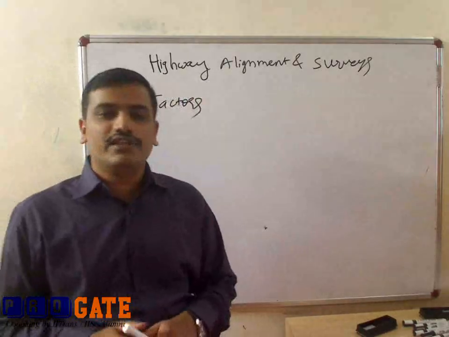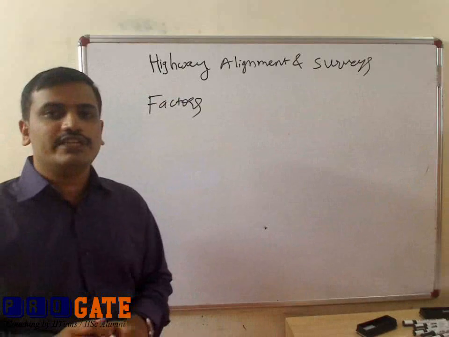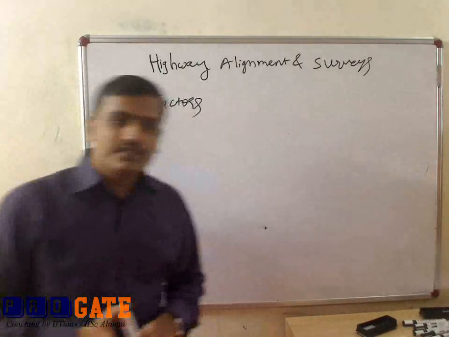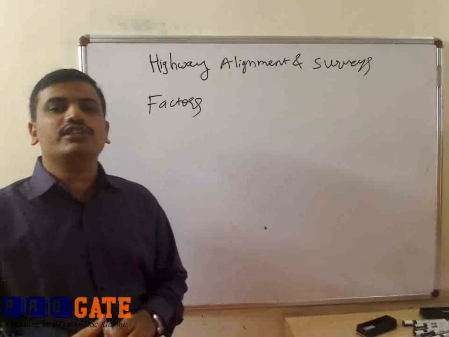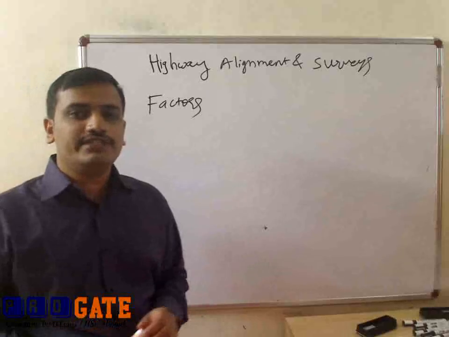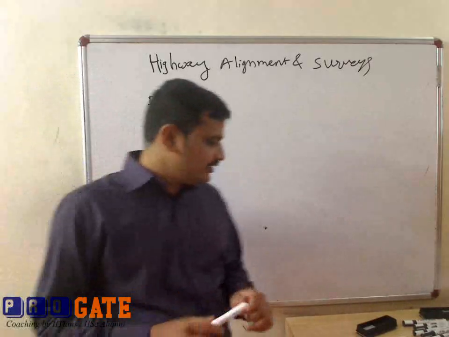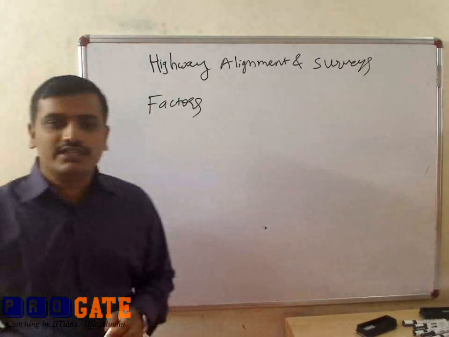Then here comes the traffic. If the traffic is more, the number of lanes of the highway should be more. Then the geometric design, which covers the horizontal alignment and vertical alignment, which covers your sight distances, then economics and other considerations.